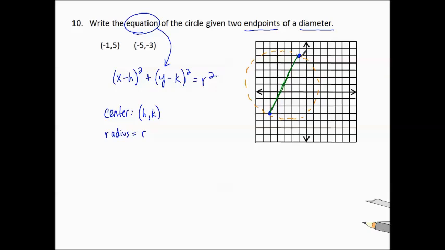Again, just a rough sketch. Because the diameter goes through the center, it's got to be halfway between. So sometimes you can visualize it and see, boom, right where that center is. But sometimes it's hard to tell. So halfway is the midpoint of the diameter.